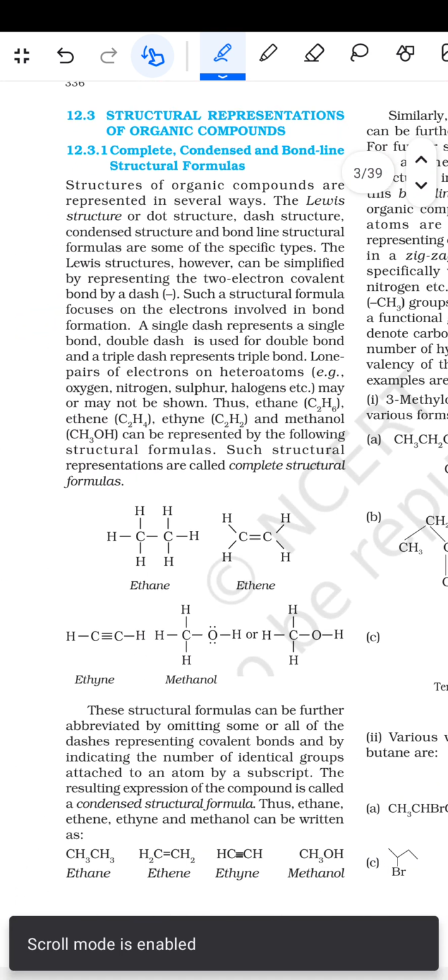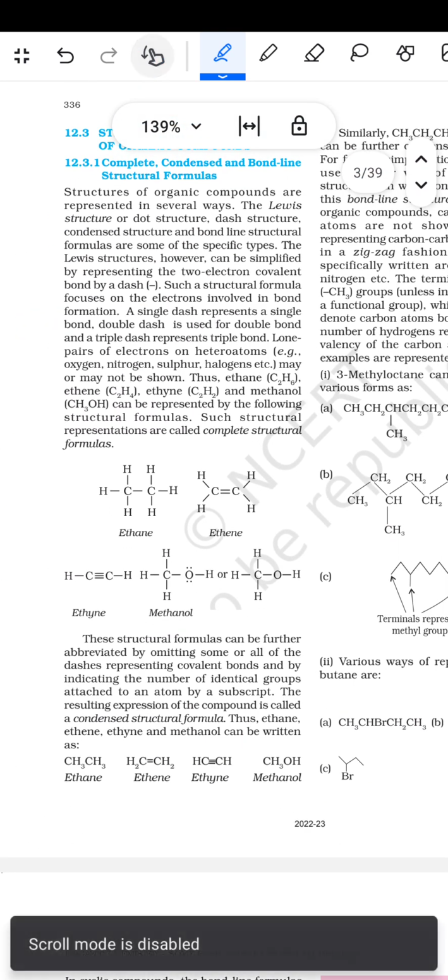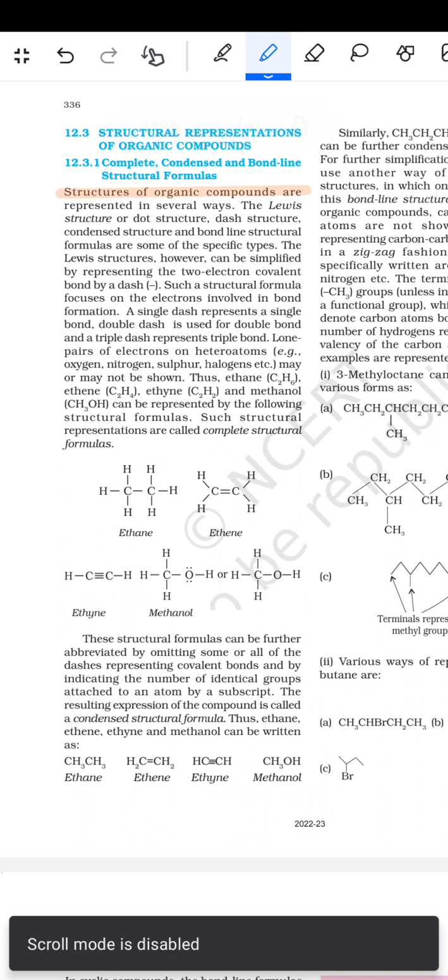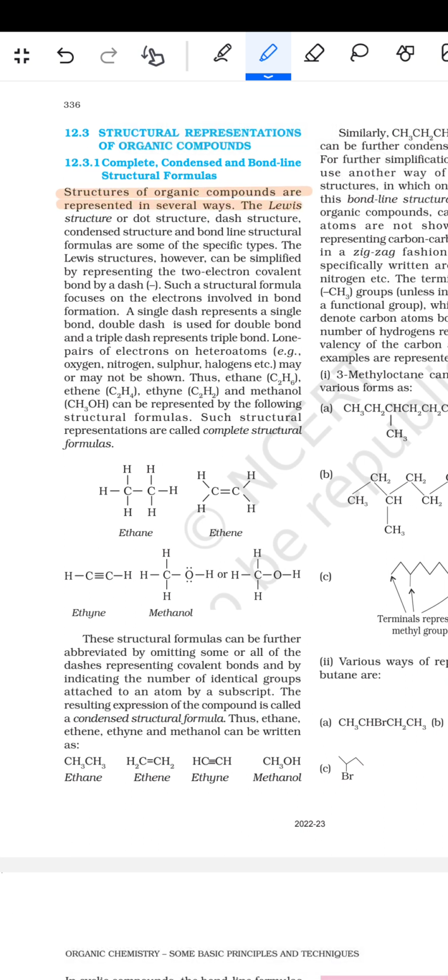Structure representation of organic compounds. The structures of organic compounds are represented in several ways. The Lewis structure or dot structure, dash structure, condensed structure, and bond line structure formulas are some of the specific types. The Lewis structure, however, can be simplified by representing the two-electron covalent bond by a dash. Such a structural formula focuses on the electrons involved in bond formation.